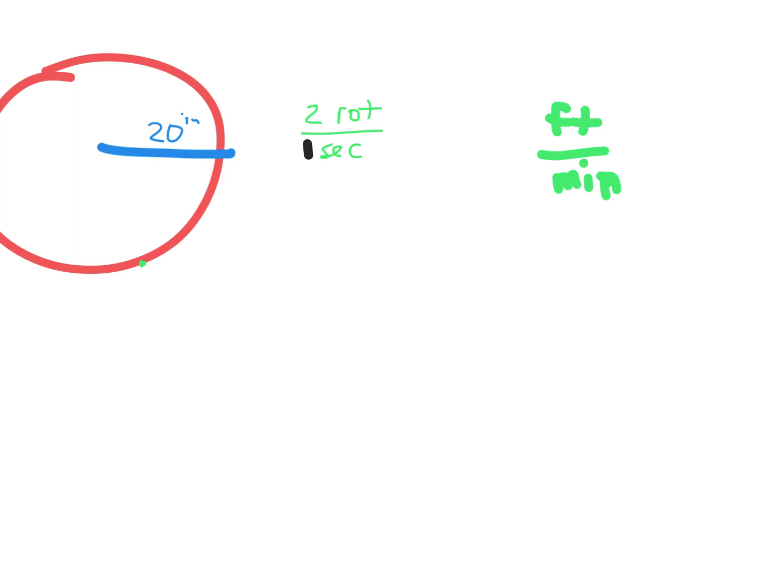I would right away go, okay, so I got to get rotations out of there. So right away I put 1 rotation on the bottom, and you are forced to think about, what is a rotation again? Oh yeah, it's a circumference. Do I know the formula for circumference? This is another one, pay attention, where I suggested you have a list of things that aren't on the sheet, but you still have to know.